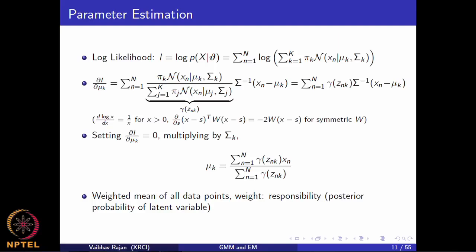The standard maximum likelihood way is you take each one of the parameters, start with mu k, take the derivative, equate it to 0, and see what you get by doing some algebra.